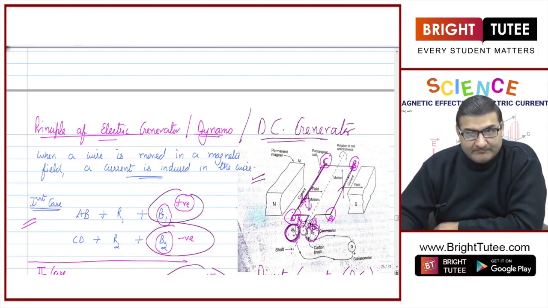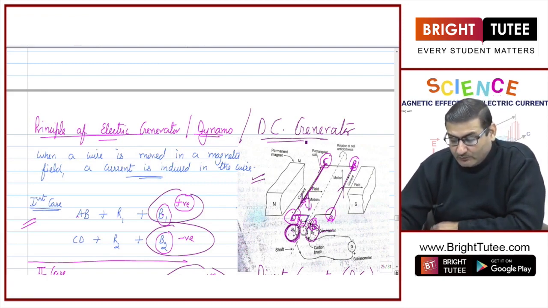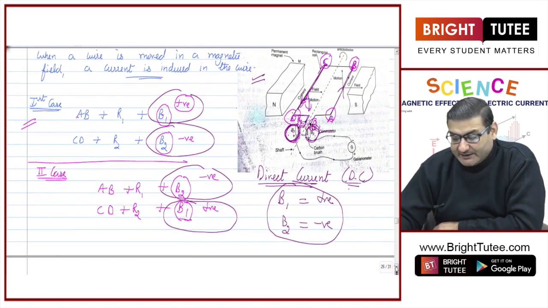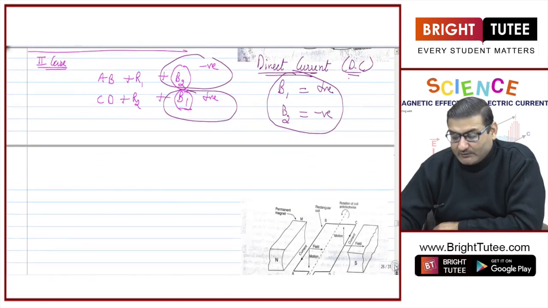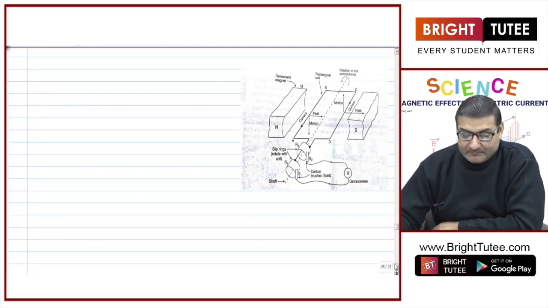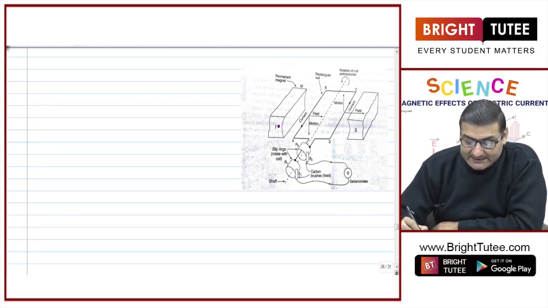Correct? Fine. Now what we do is we just make a little bit of change. Please try to relate, otherwise it may get confusing for some students. The same setup: we will take the same N and S, the magnetic field.